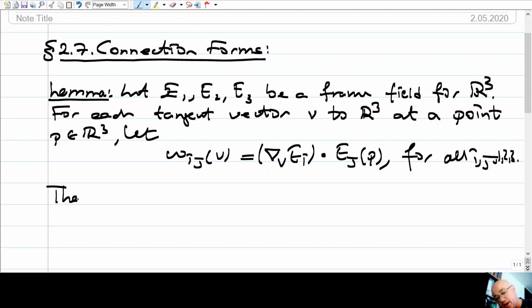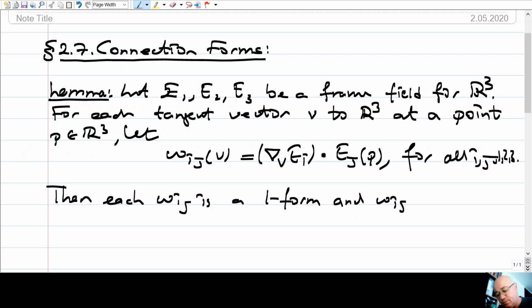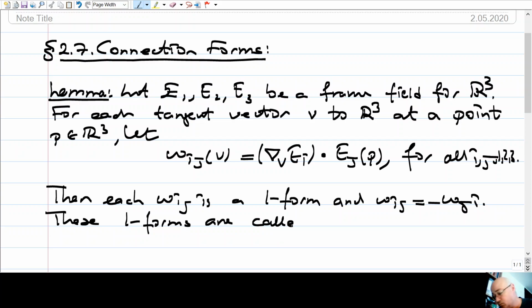Statement is the following. Then each omega ij is a one form, and they are skew symmetric. Okay, these one forms are called connection one forms.